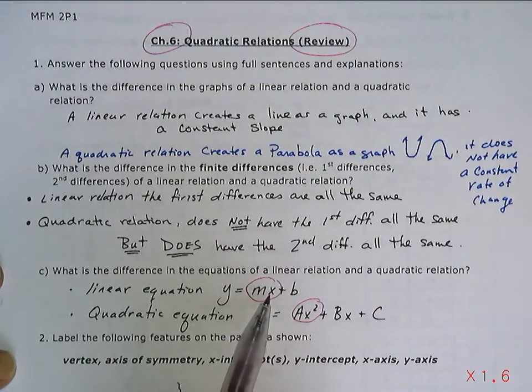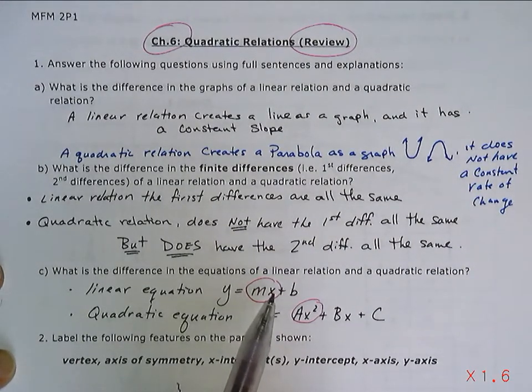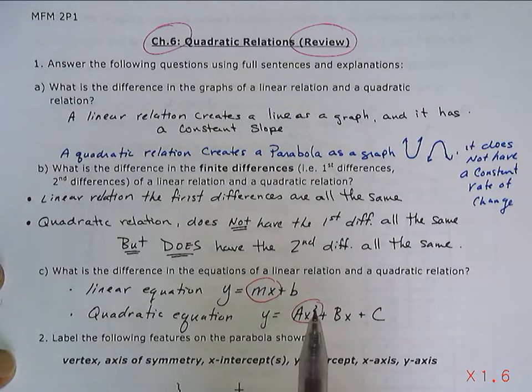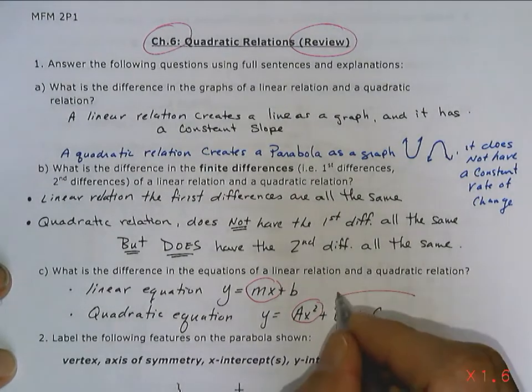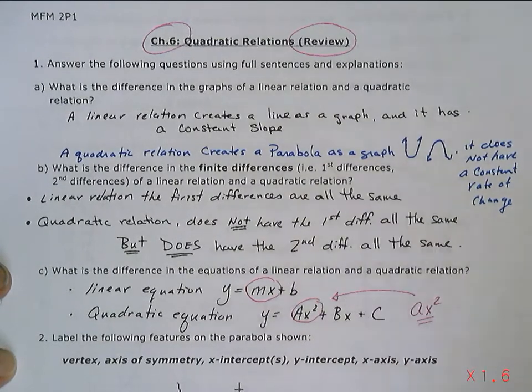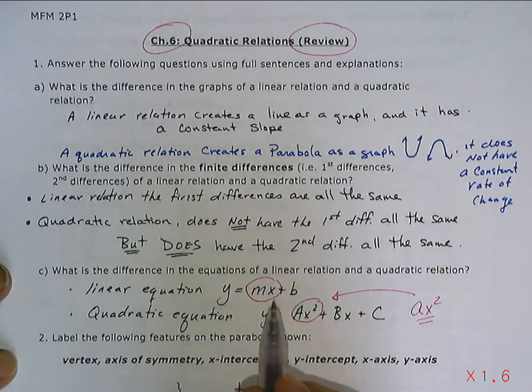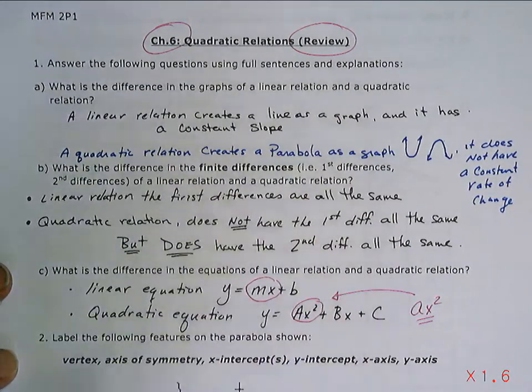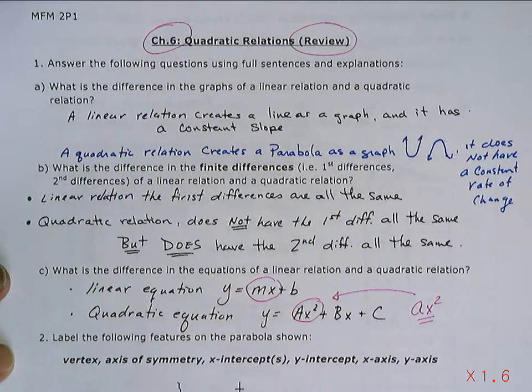Now we call this a degree 1. It has an invisible exponent of 1, so it's an x term. And this one has an x squared term, and we call that degree 2. So the thing that makes it quadratic is this term, this ax squared term. That's what makes it quadratic. The fact that this doesn't have the ax squared term means that it is only linear.